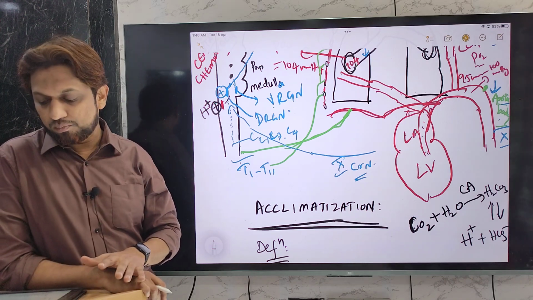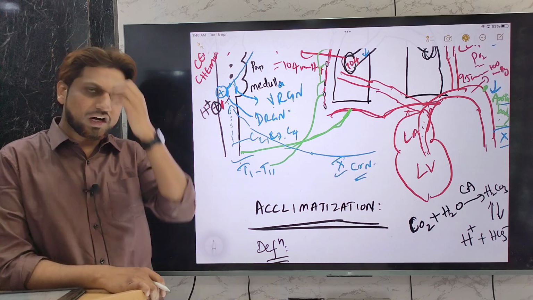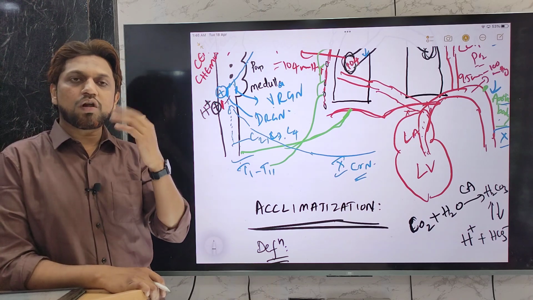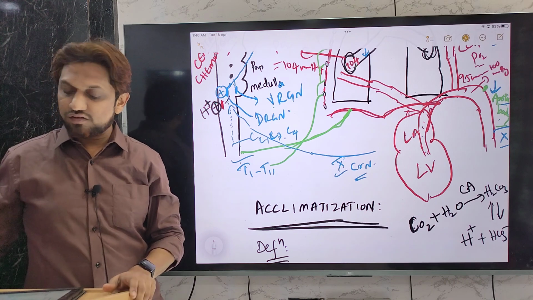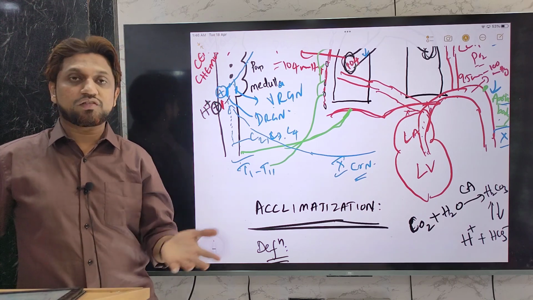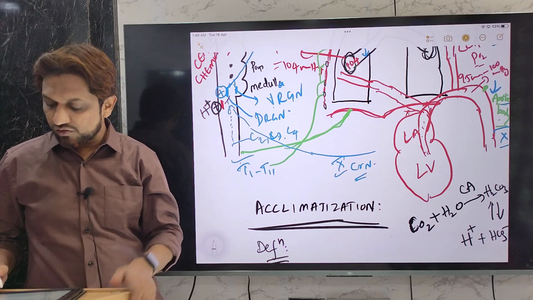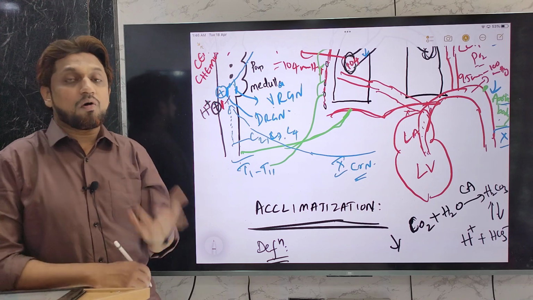This is the normal mechanism. But during hyperventilation, when ventilation is more, the tidal volume is more, that is, more oxygen is going inside as well as more carbon dioxide is going outside. So when you expel more carbon dioxide, the carbon dioxide level in the blood or body is reduced.